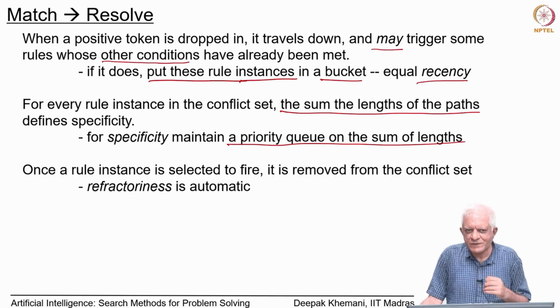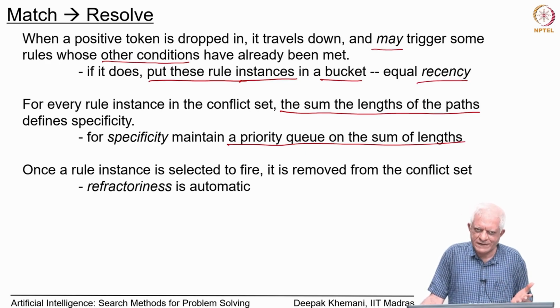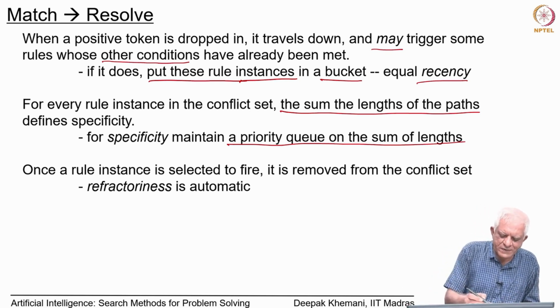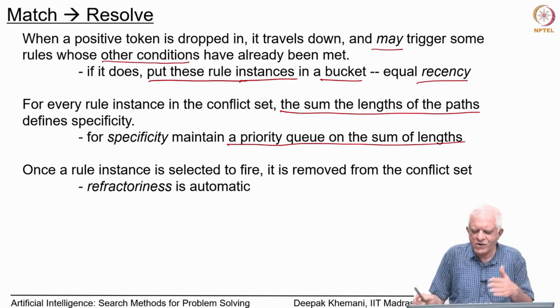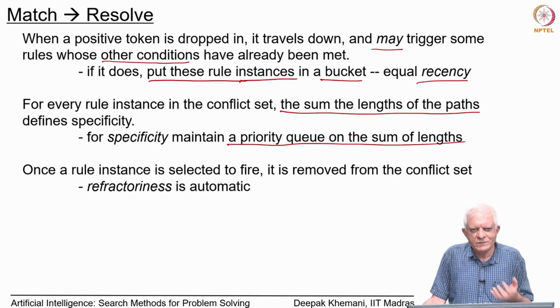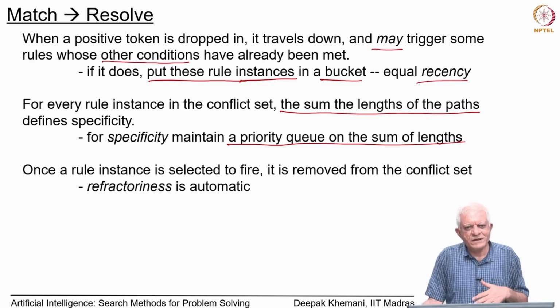You can remove it from the conflict set and execute it, but then it is no longer in the conflict set, and therefore, the property of refractoriness that we were interested in is automatic. So, irrespective of whether you are using recency or specificity, refractoriness is taken care of by the fact that you remove the rule from the conflict set at the point when you execute it. So, that takes care of that.